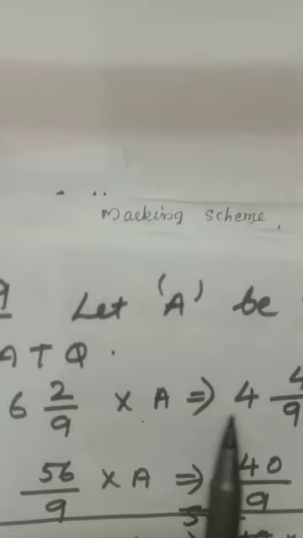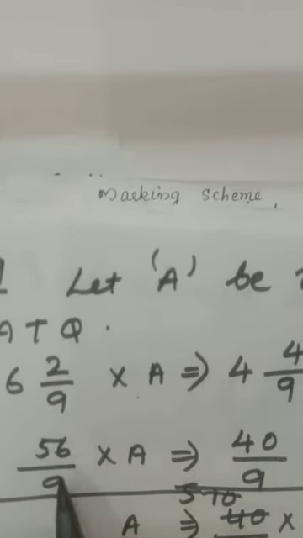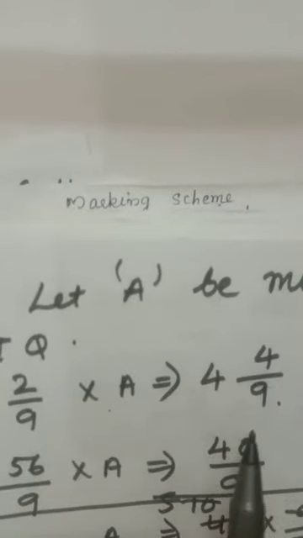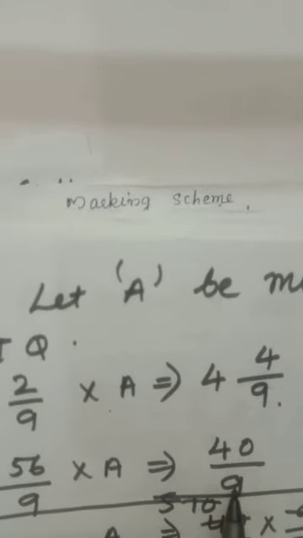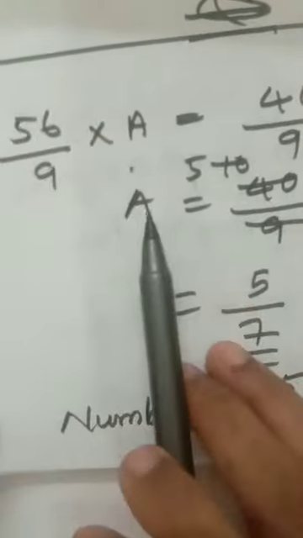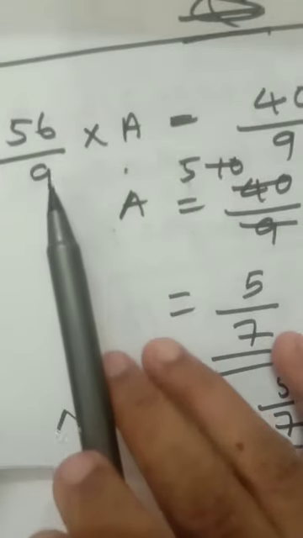Let A be multiplied. See, multiplying. Convert it to 56/9 into A is 40/9. Okay. 56/9 into A equal to 40/9. A equal to 40/56.